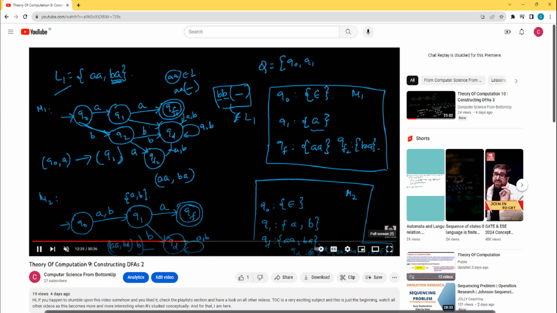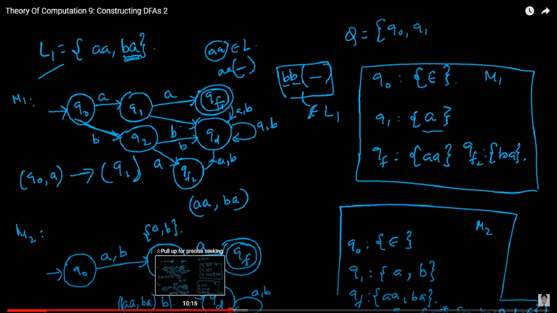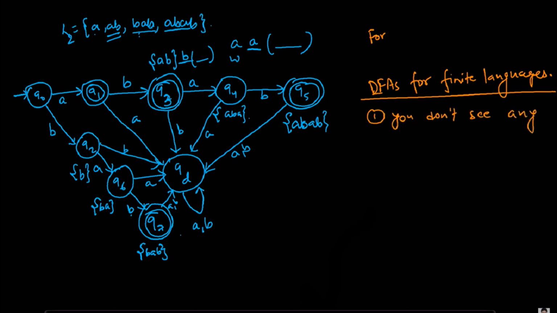Actually, I have lost my slides for this video, so I am playing my own earlier video to explain things. Just look at the observations that I made about DFAs for finite languages: there are going to be no loops, and no self loops if the state is not a dead state.